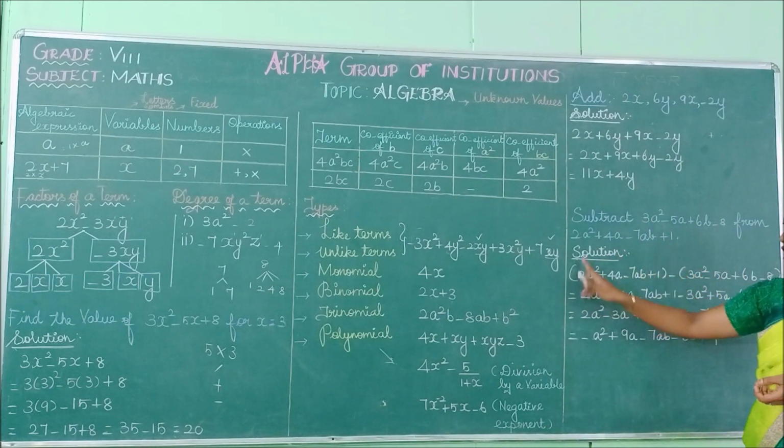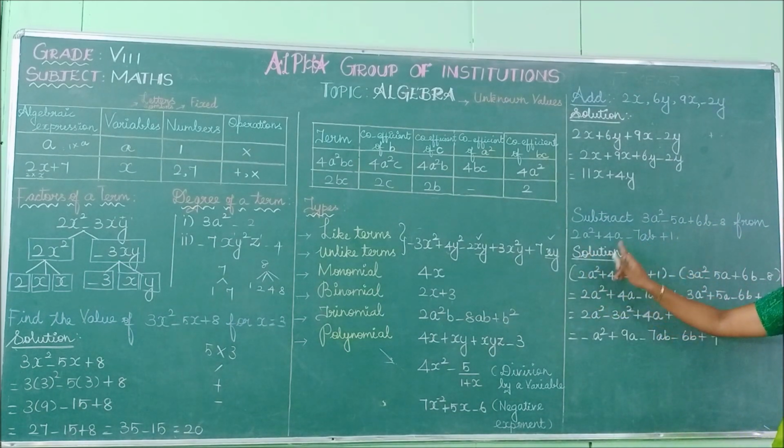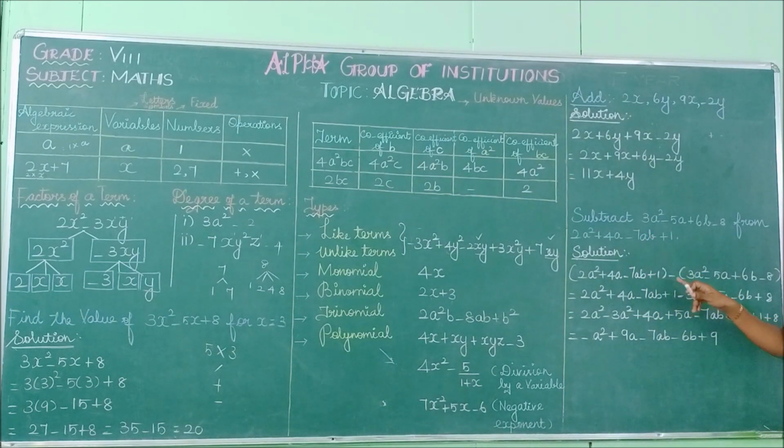So listen, solution. 2a squared plus 4a minus 7ab plus 1 minus. What symbol do you have to put? Subtraction. So for that you have to put the minus symbol. Write the front value. So what is the front value? 3a squared minus 5a plus 6b minus 8. So you have to multiply this minus into all values.